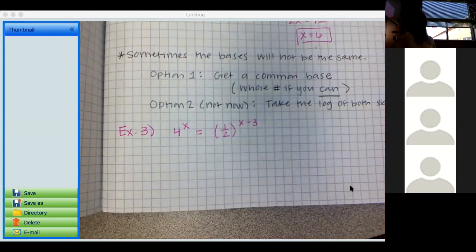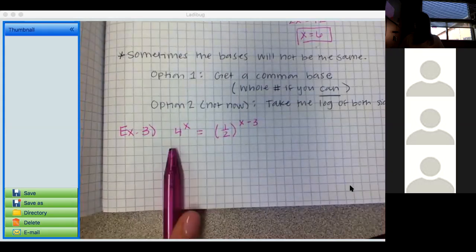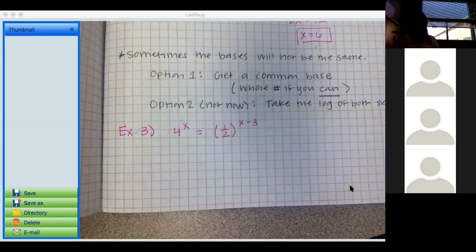So we need to try to get a common base. Now, please remember what I just wrote down with you. It needs to be a whole number. Should 1/2 be the common base? Y'all, there's nothing you can raise 4 to make it look like 1/2. Somebody every year always says 4 to the -2, that's 1 over 4 squared, which is 1 over 16. Not the same.